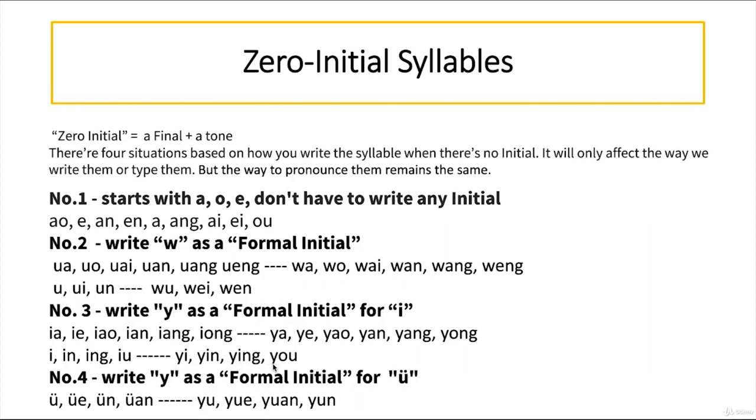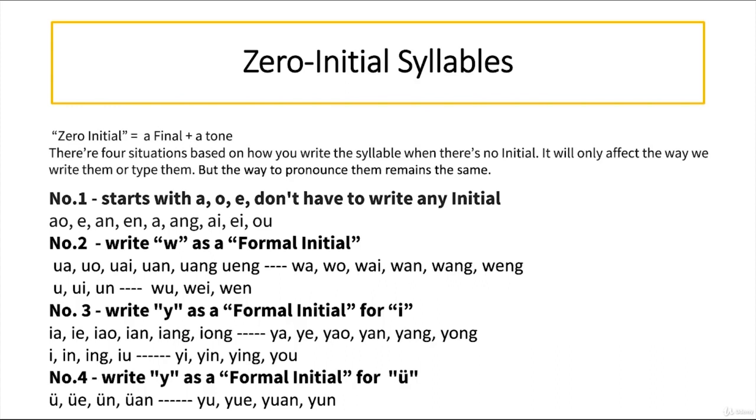Number 4, write Y as a formal initial for Ü. When the zero initial syllable starts with the vowel Ü, we write Y as a formal initial as well. There are only 4 of them: Yu, Yue, Yun, Yuan.